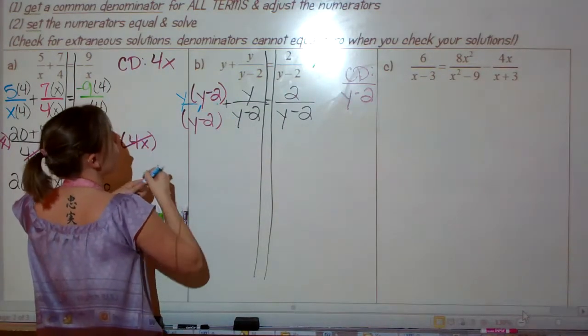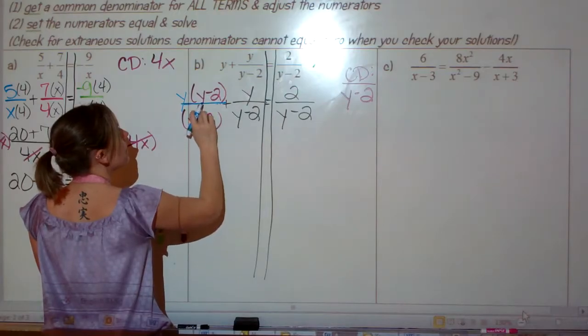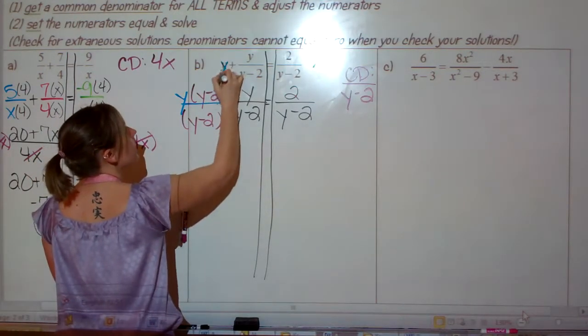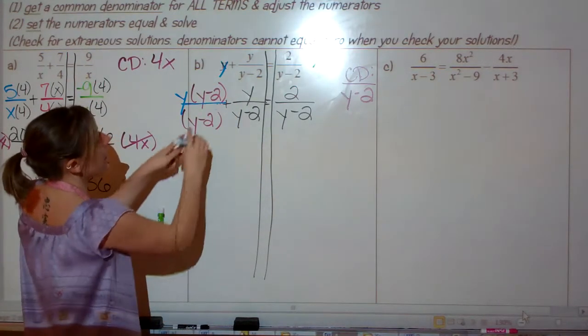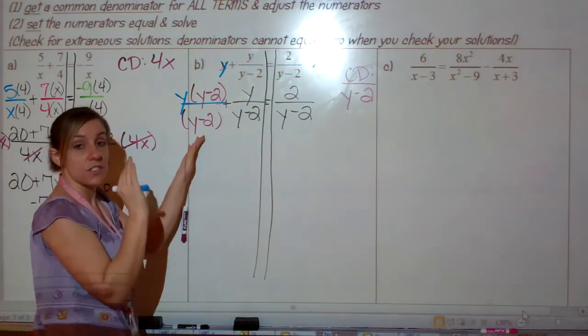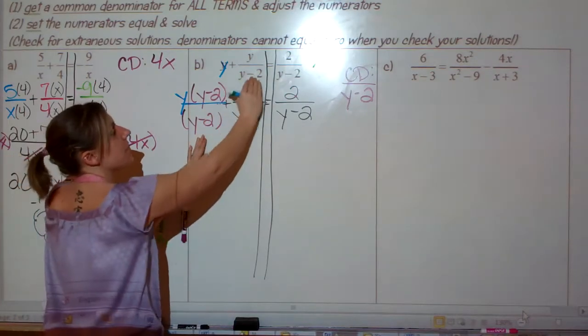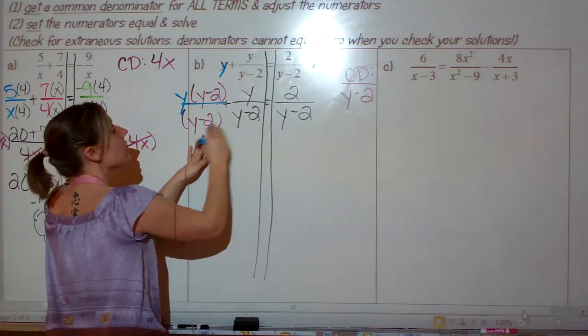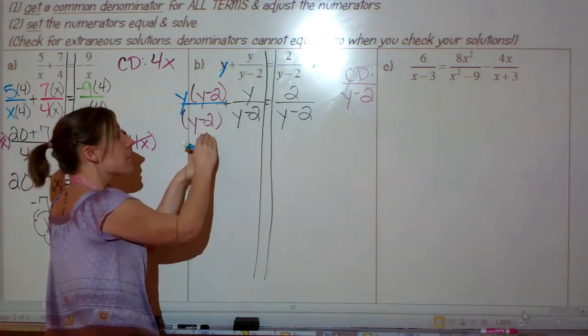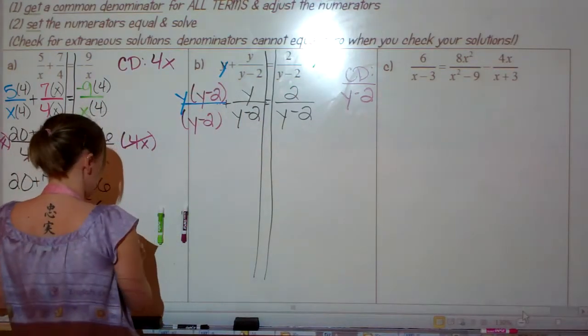Okay? So the y right here is here from the beginning. But in order for its denominator, which is an automatic 1, but you don't have to write it, to match those denominators, you needed to multiply y minus 2 on the bottom. That also means we had to do it to the top.